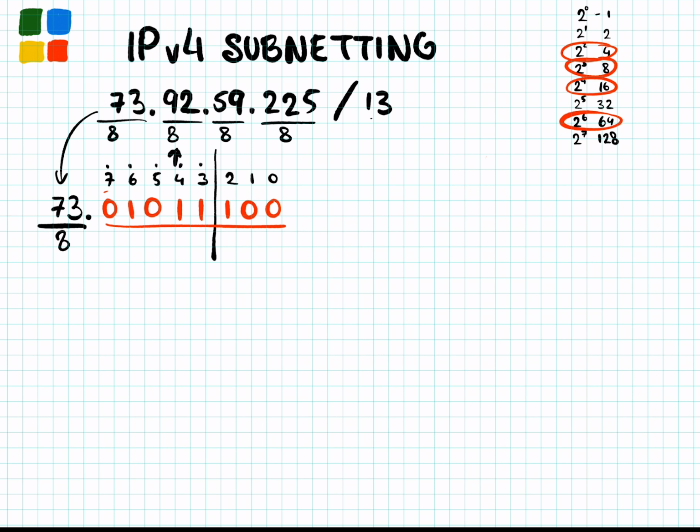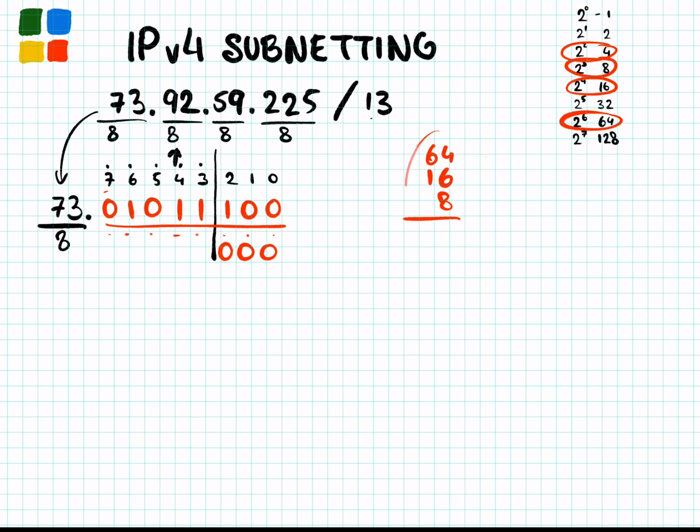Now, if we need to show the network address, the host part would be all zeros. So instead of 01011100, we would have the same beginning, but with 000 at the end. Now, 2 to the power of 6 is 64, 2 to the power of 4 is 16, and 2 to the power of 3 is 8.